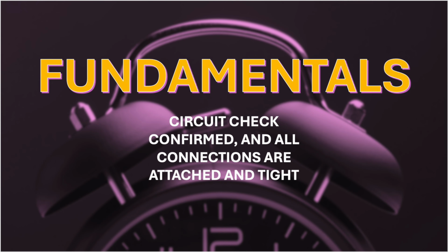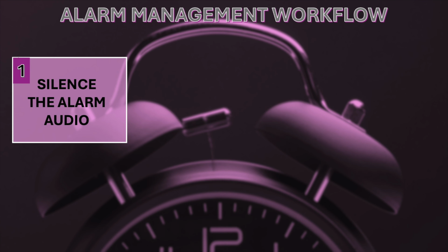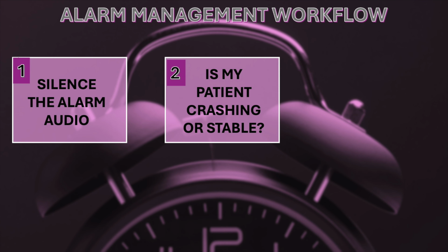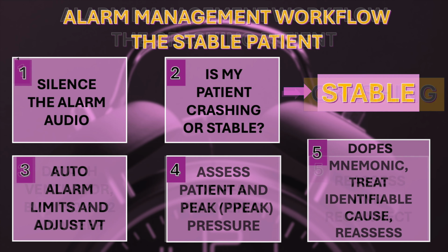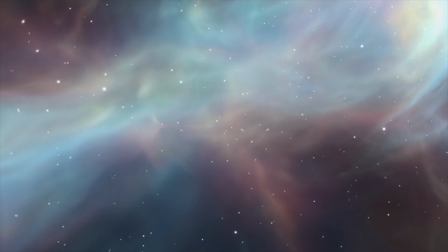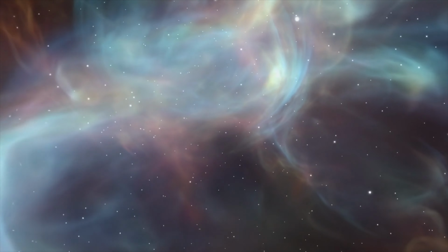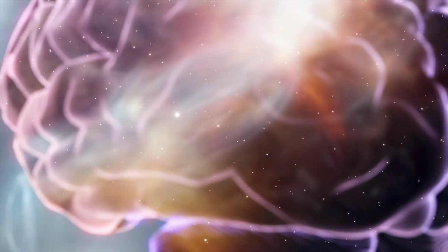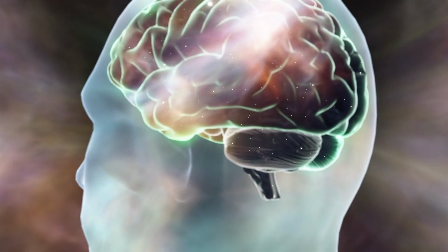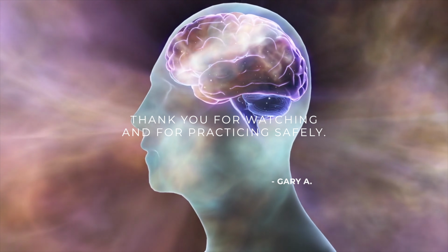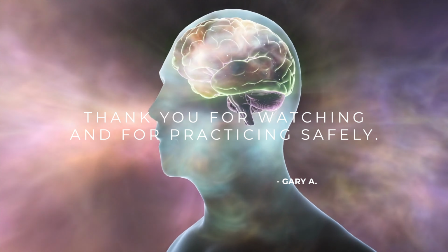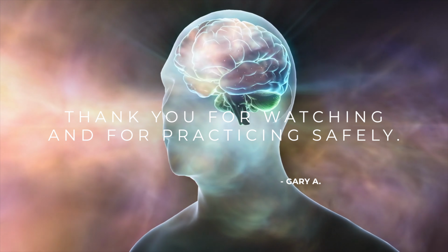The alarm management process involves promptly silencing the alarm, assessing the patient's status and following specific protocols for crashing and stable patients, using tools like the DOPES mnemonic for troubleshooting. Staying vigilant and addressing ventilator settings before issues arise is paramount to ensuring optimal patient outcomes and reducing potential complications.